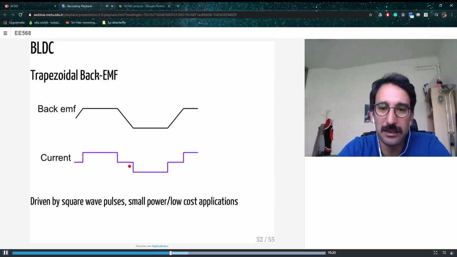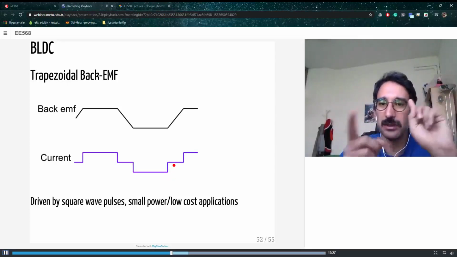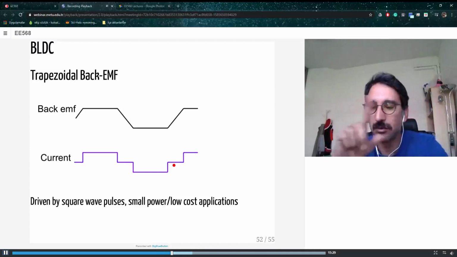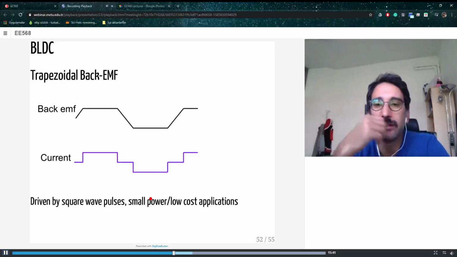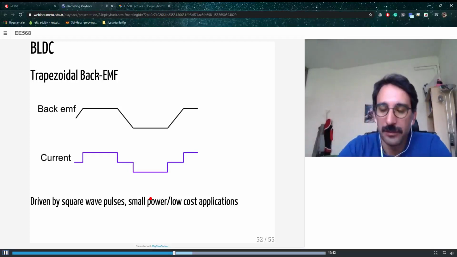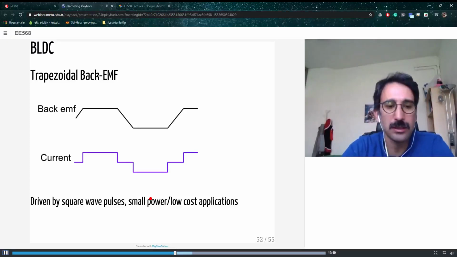It is called 6-step driving, so you are just opening one of the phases and the other phase, circulating the current, so the current is like that waveform. Again, it is okay for small power and low cost applications, but it is more difficult to have sensitive position control with that kind of topologies. Any questions?